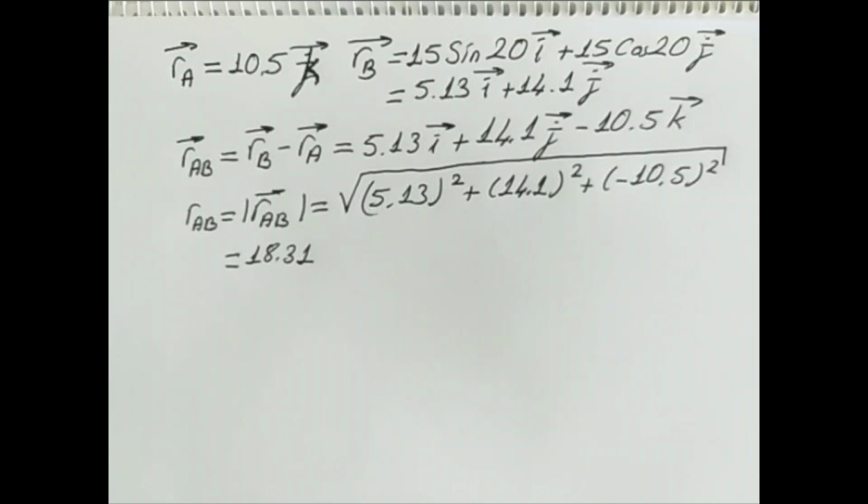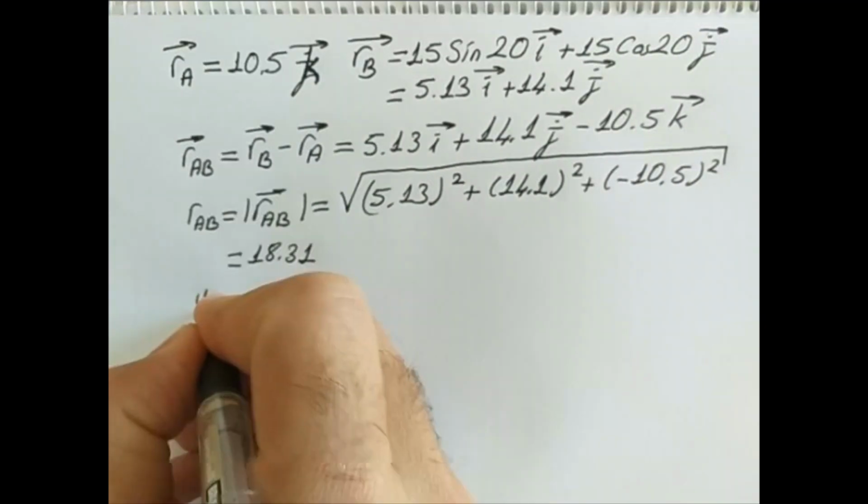Okay, now let me calculate the unit vector from A to B. That's equal to RAB divided by the magnitude of RAB.